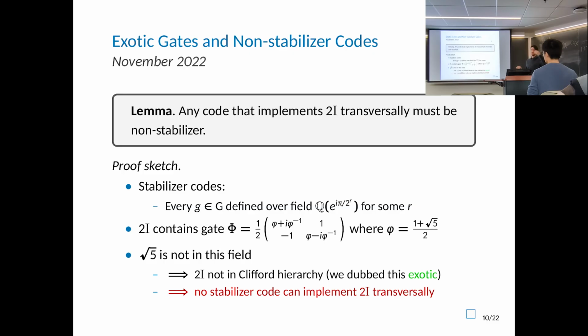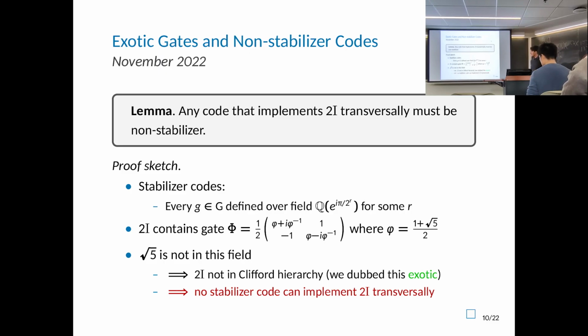So these iterated 2 to the r roots of unity. And for 2I, the whole point of the character table is there are all these root 5s, golden ratios, everywhere. And it's a simple algebraic number theory fact that you can't get a root 5 out of a bunch of 2 to the r roots of unity. It's not going to work. So it is probably impossible for this gate to be in the Clifford hierarchy.